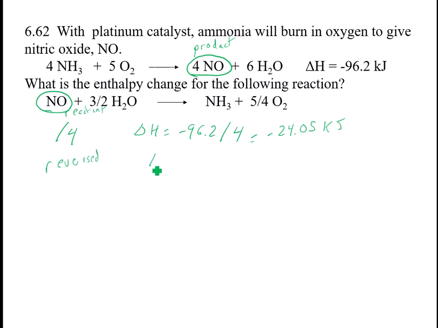And so the delta H becomes a positive 24.05 kilojoules. You don't need to put the positive in there, but I'm just doing it to show the fact that it does become positive. Okay? And that is the end of manipulating the thermochemical reactions.